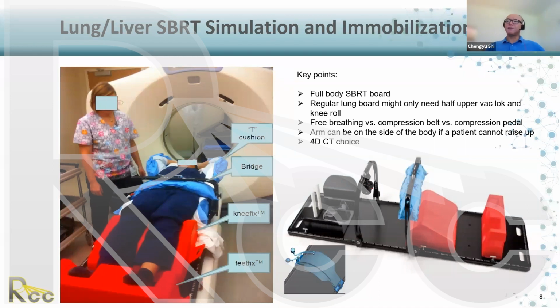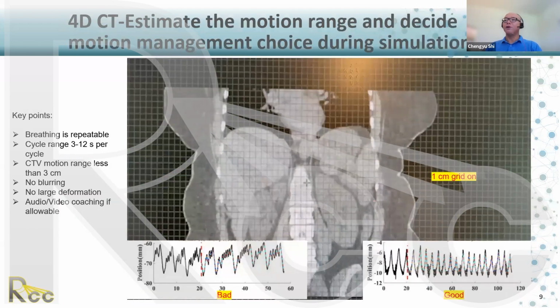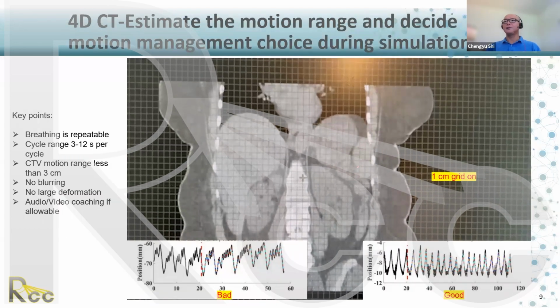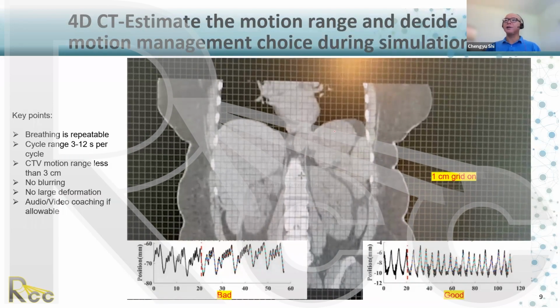If you use this belt, the compression pedal, you may not be able to do a full 4D CT because there's almost no motion you can detect by RPM or RGSC. With the belt, you can still detect a little bit, and with free breathing you can definitely do the motion detection. But certain patients may not have a good breathing pattern. I'll show you next. For example, here is the 4D CT, and I turned this grid on.